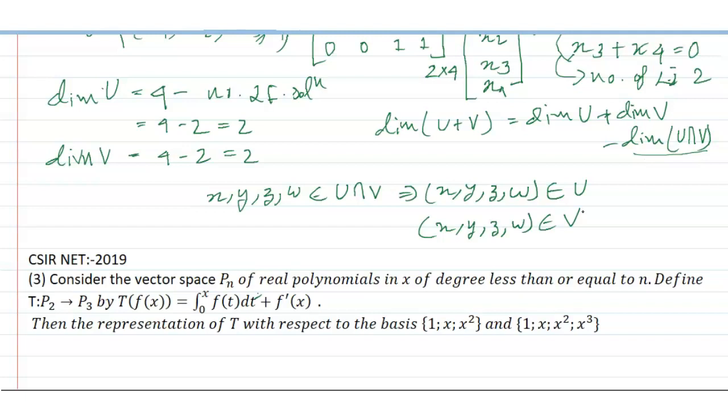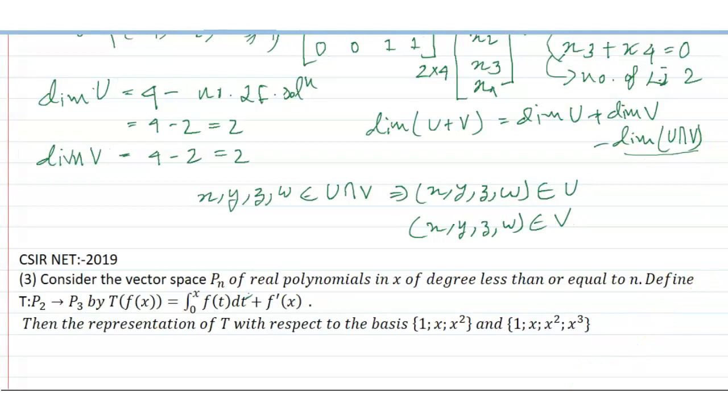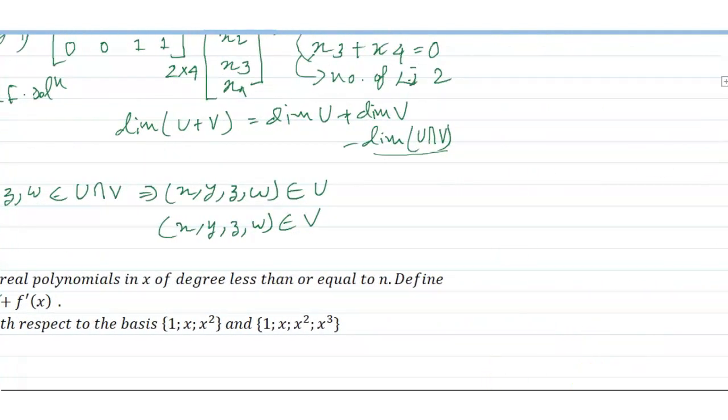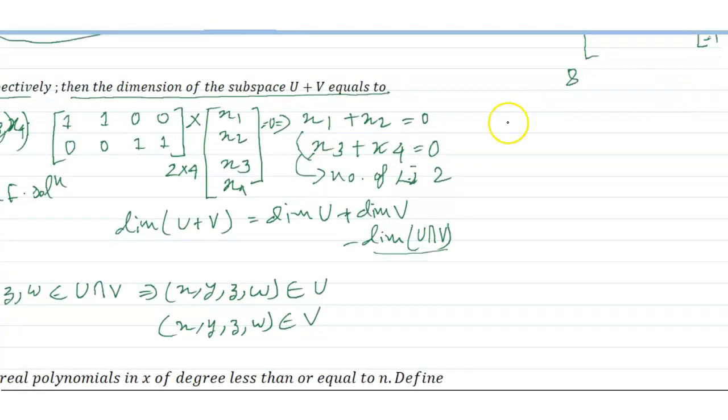And now you see that x plus y equals to 0 and z plus w equals to 0.